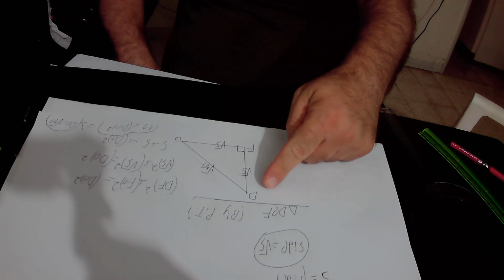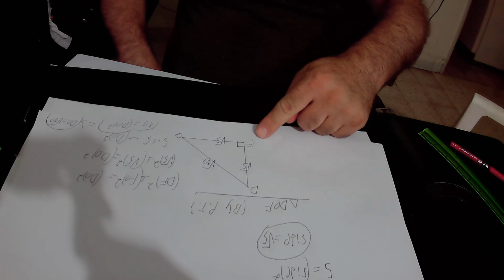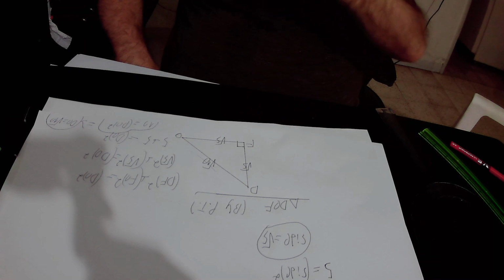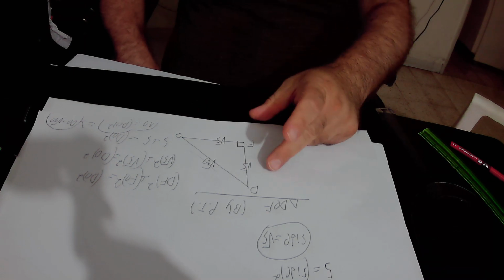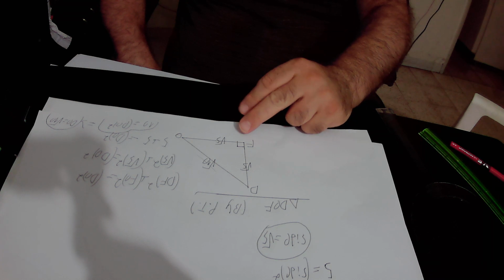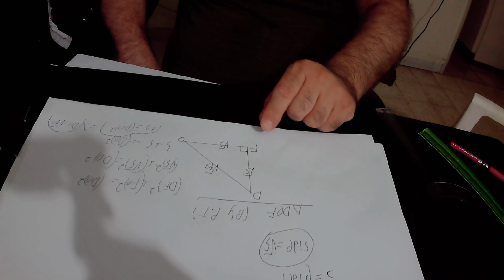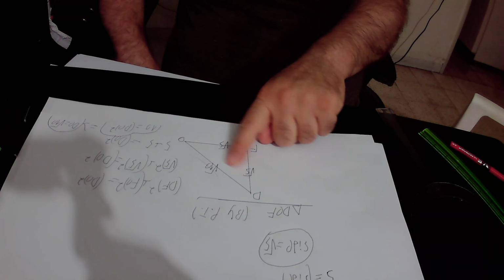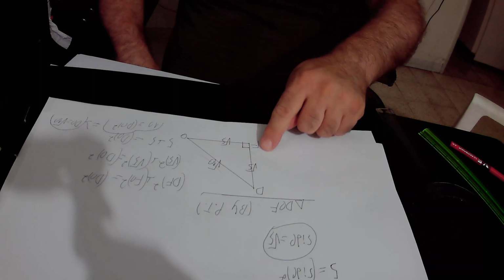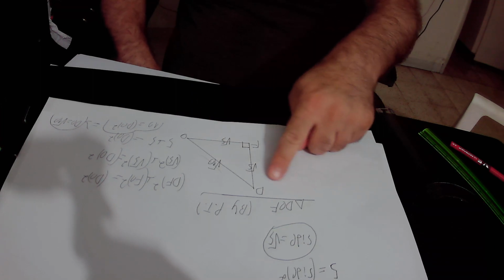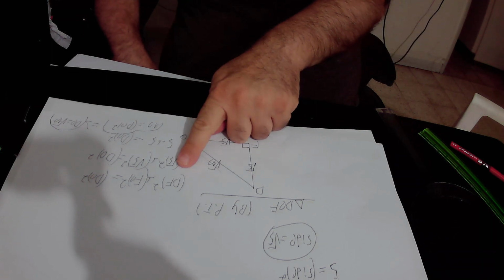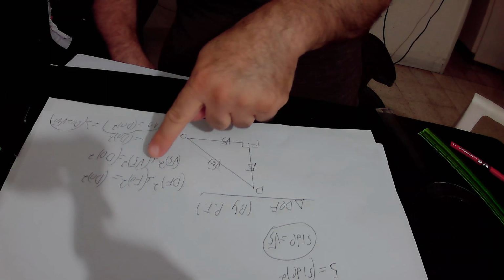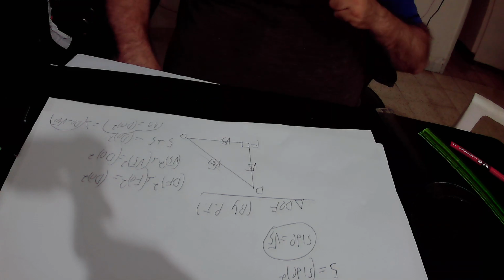That is to say, DF square plus FO square equals the square of the hypotenuse, that is DO square. So DF square plus FO square equals DO square.